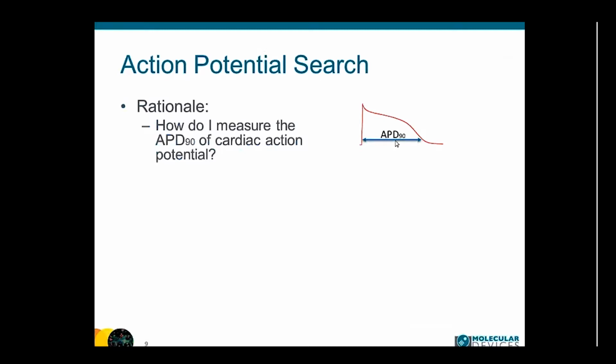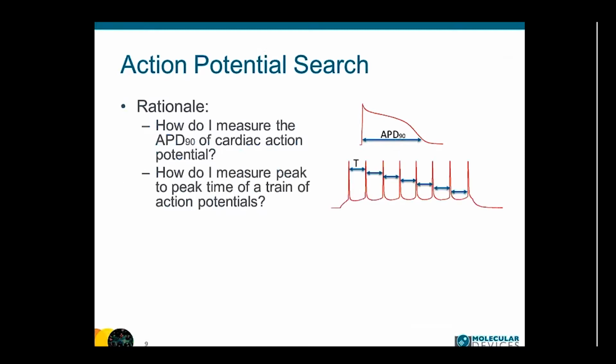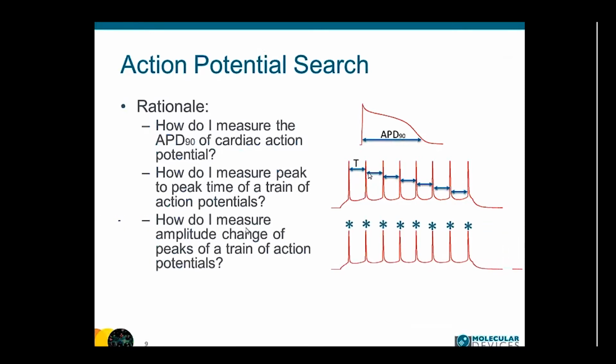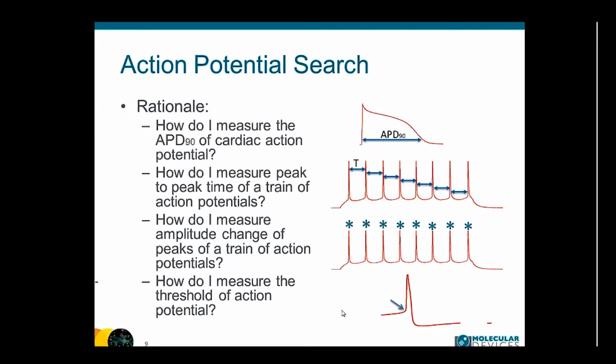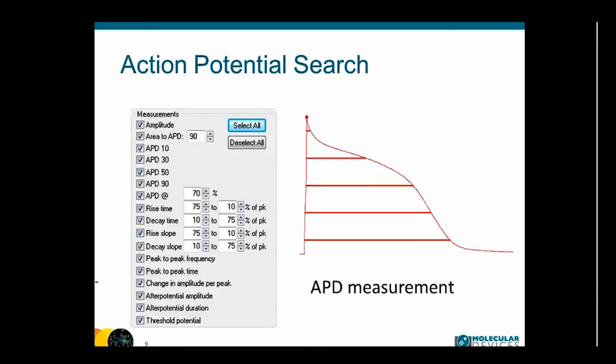But right now, it's available in pCLAMP 11. And how do I measure the peak-to-peak time in the train of action potentials? Okay, I want to see the peak time as well as the amplitude changes in the train of action potentials. And we can also estimate the threshold of the action potential for you, okay?